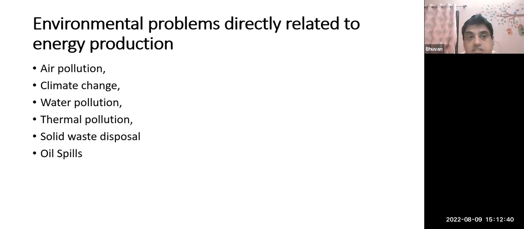So here we can see the various environmental problems which are directly linked to energy production. First one is air pollution. As we know, when we burn fossil fuels, it leads to production of a large number of toxic gases which result in air pollution. Air pollutants include carbon monoxide, sulfur dioxide, sulfur trioxide, and nitrogen dioxide.